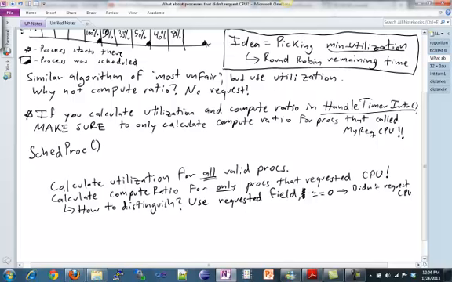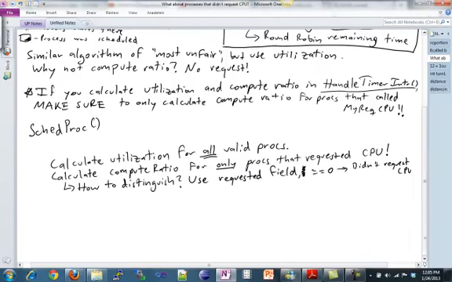Okay, so now we have our utilization for everyone, we have our compute ratio for everyone. Again, those first two steps are only if you didn't already do them in handle timer interrupt. Then we want to find the minimum compute ratio, just like before, and the PID that goes along with that.